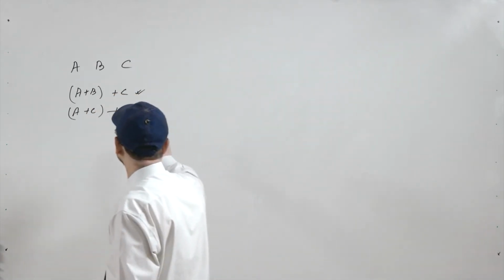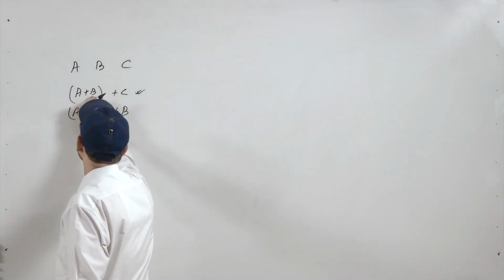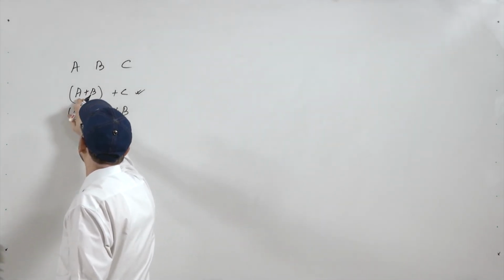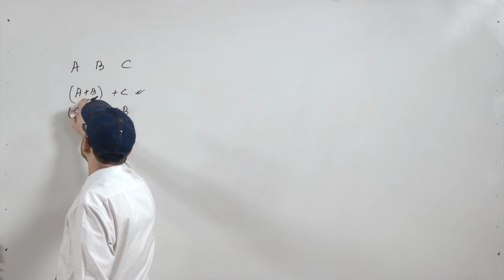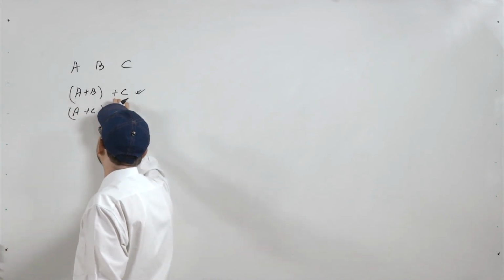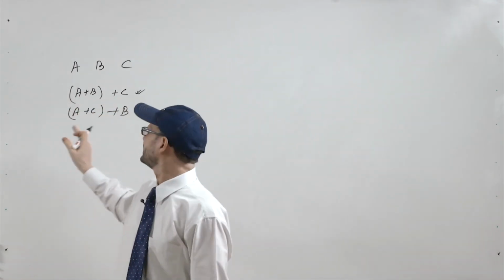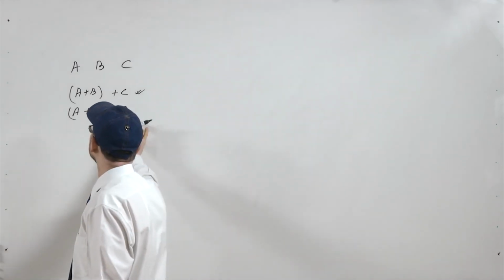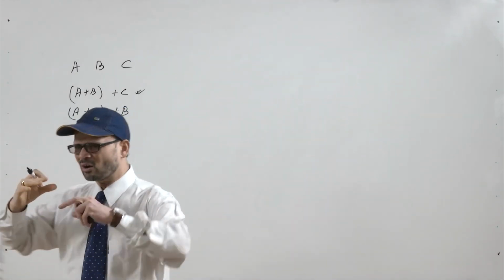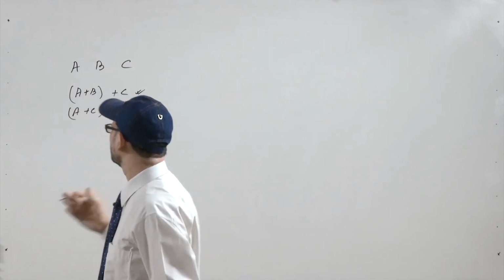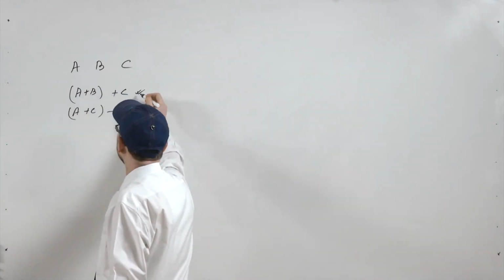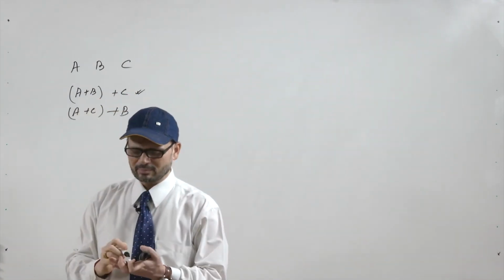So, you are basically coating the sand initially with A plus B and then putting in C, or with A plus C and then putting in B. This is how the two systems are used, but the ABC system is preferred.